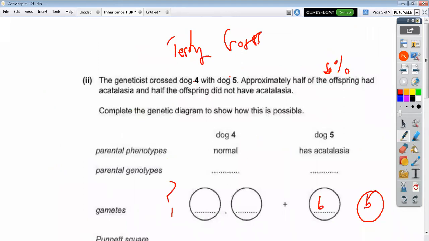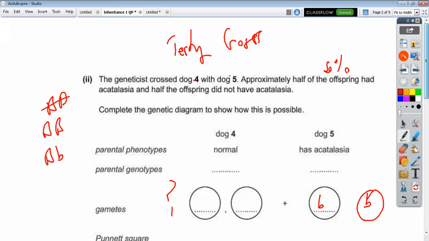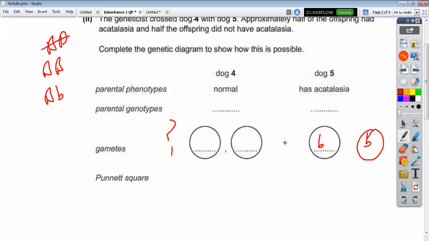Is that making sense? But what can produce 50%? Is it a BB crossing with this? We've talked about it before. Maybe you can do it in your head. Is it a BB or a B with a small b? What will produce 50%? If it's a BB, it will produce all heterozygous.